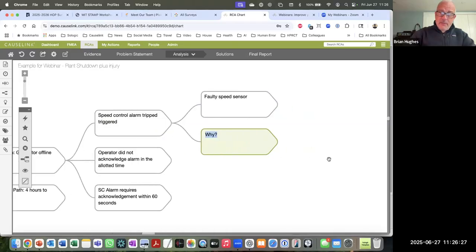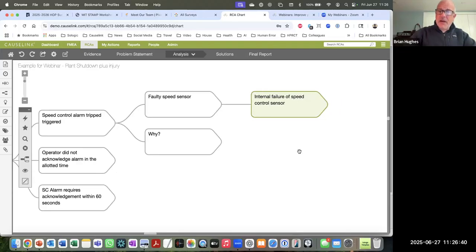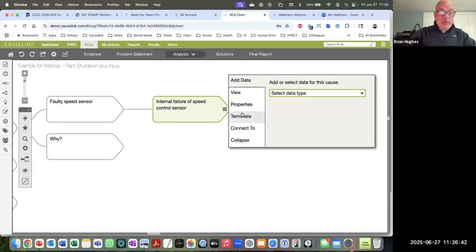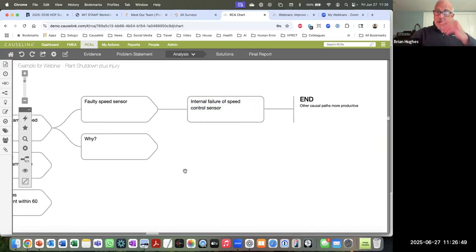I can add more here if I want to, or I can continue in this pathway. I'm going to say internal failure of speed control sensor, and that's probably going to stop me unless we dig into this thing, which we normally don't do. We are likely going to be done at that point.